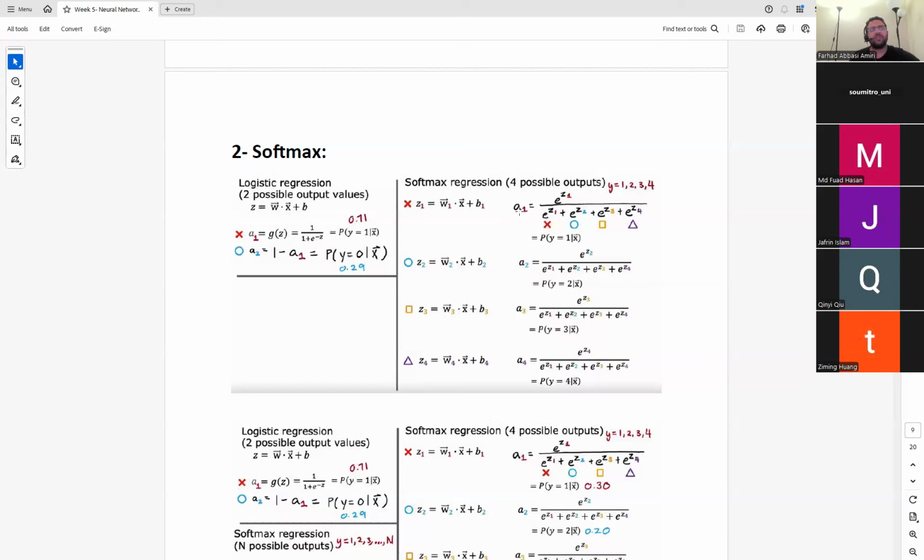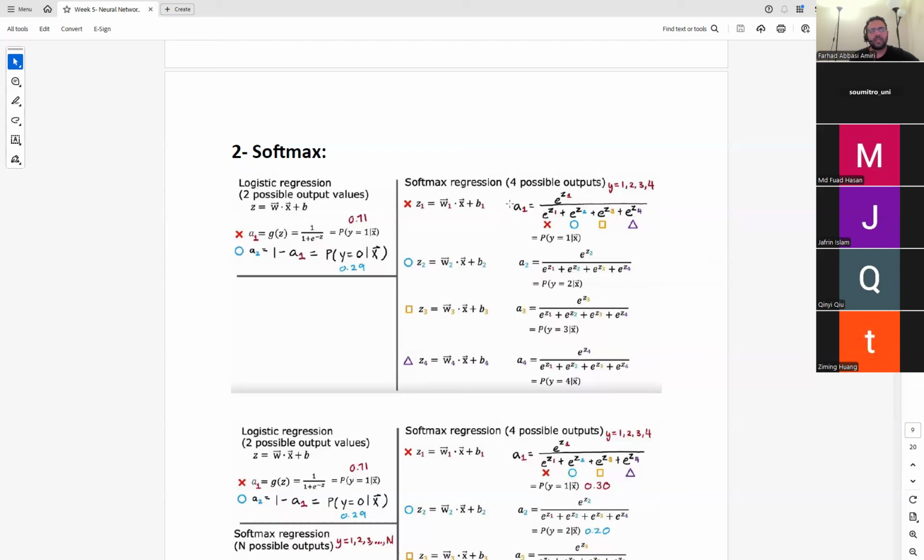And then the activation value for the first class, A subscript 1, is equal to this fraction. In the numerator, we have exponential of Z1, which is defined here for the first class. And in the denominator of this fraction, we have the summation of the exponentials of these four z's: exponential of z1 plus exponential of z2 plus exponential of z3 plus exponential of z4.